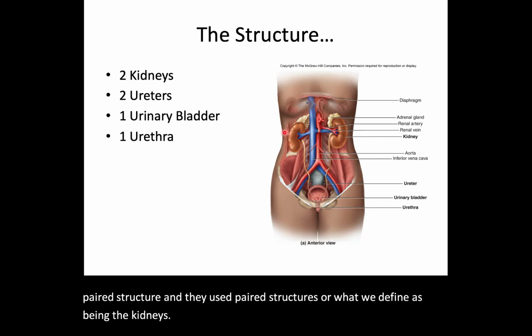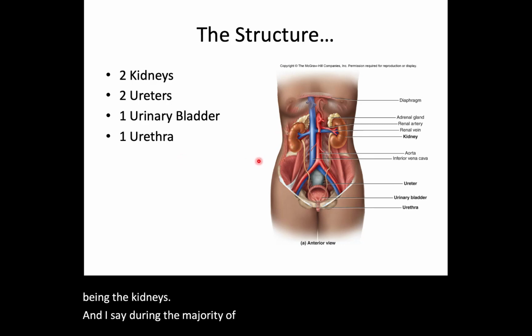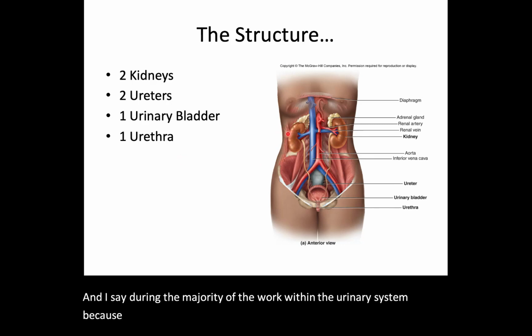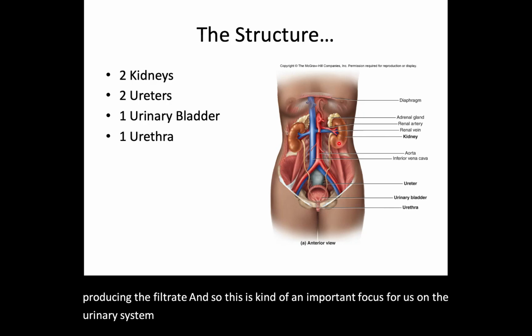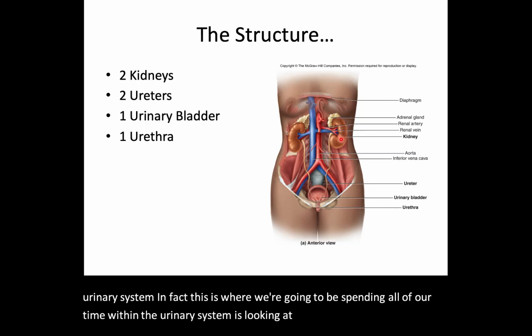I say the majority of the work because it is within the kidneys that we are filtering the blood and producing the filtrate. This is an important focus for us, and this is where we're going to be spending all of our time within the urinary system, looking at the function within the kidneys.